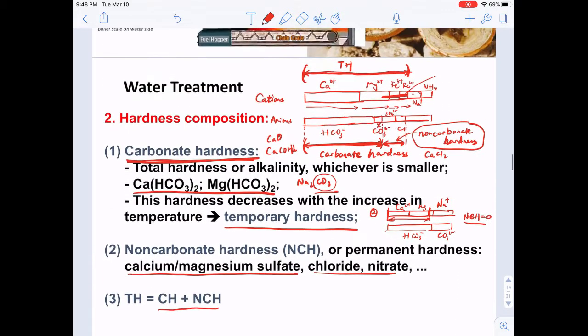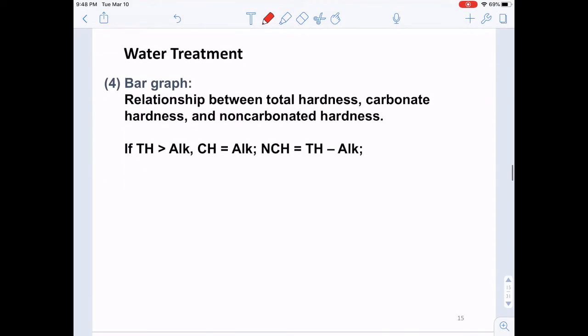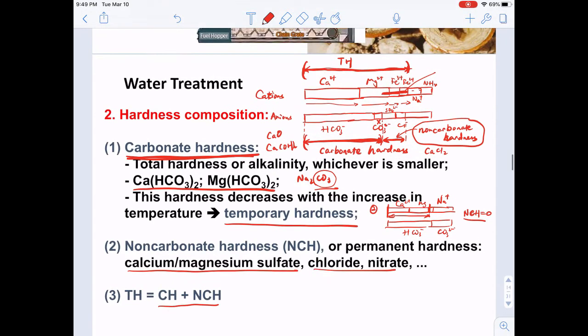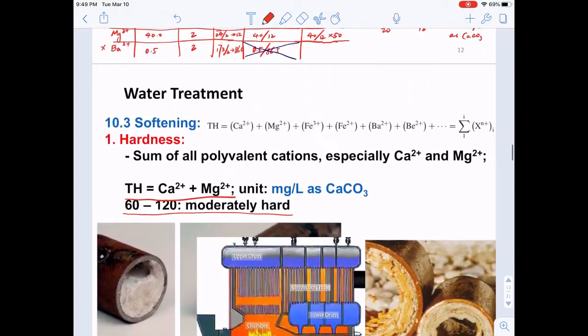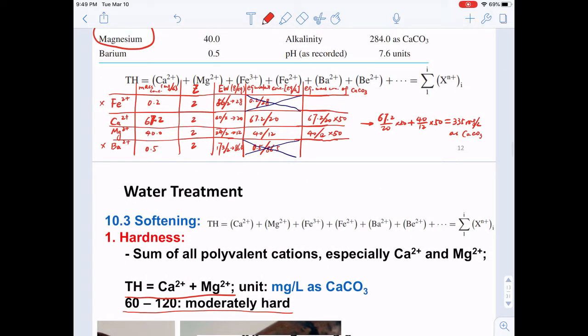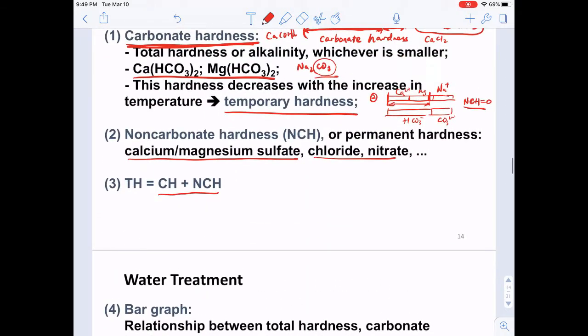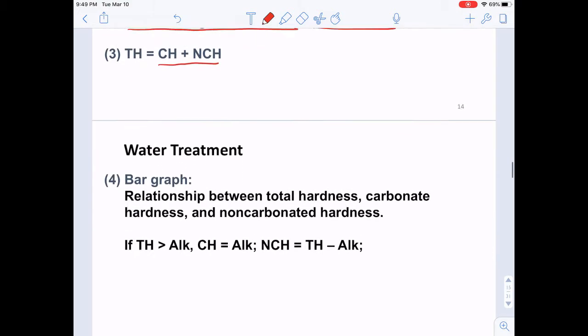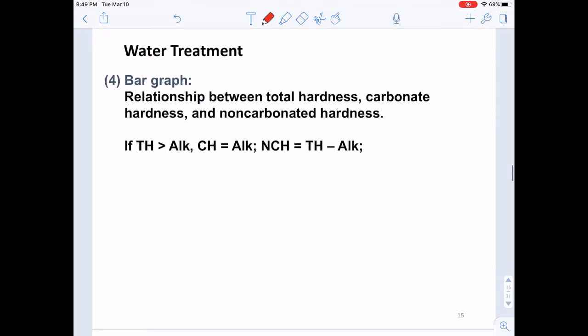Okay, so here you can see that I used a bar chart or bar graph to represent the hardness concentration. Theoretically, we should convert all of these ion concentrations into the equivalent mass concentration of calcium carbonate, basically in milligram per liter as calcium carbonate.